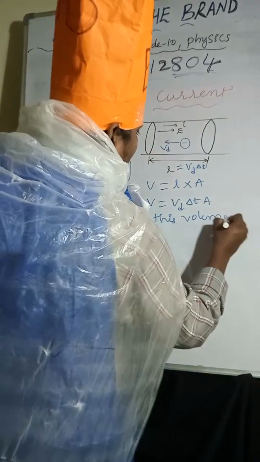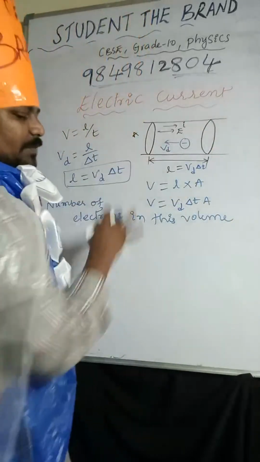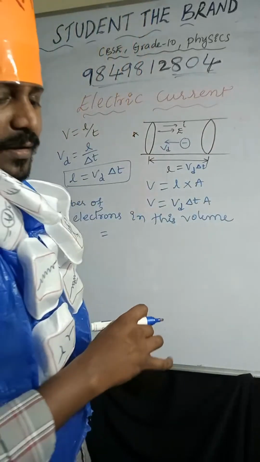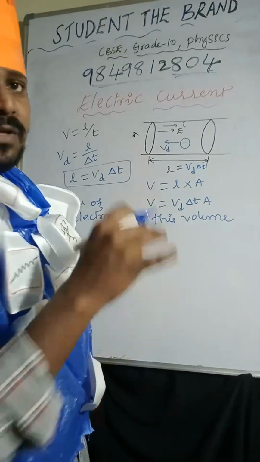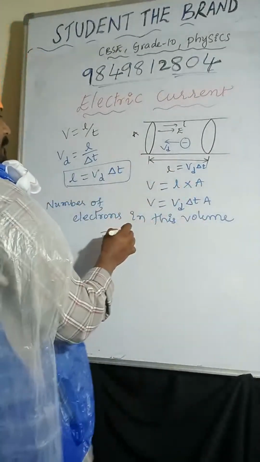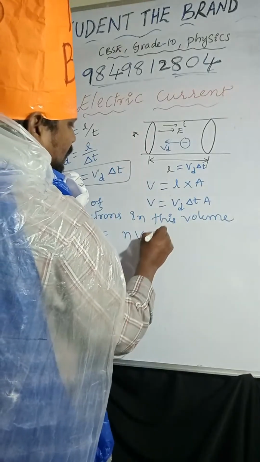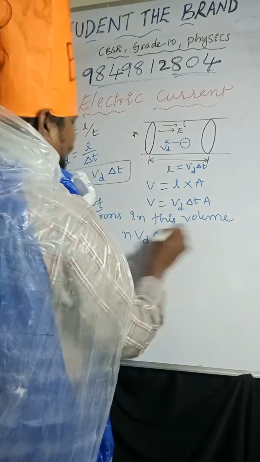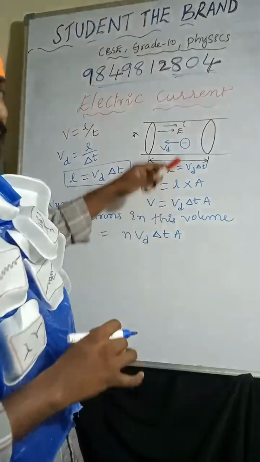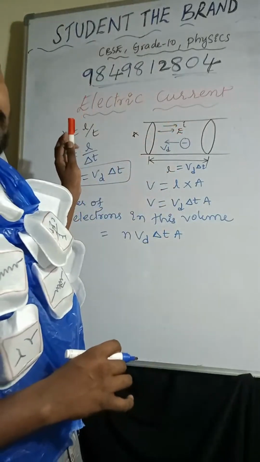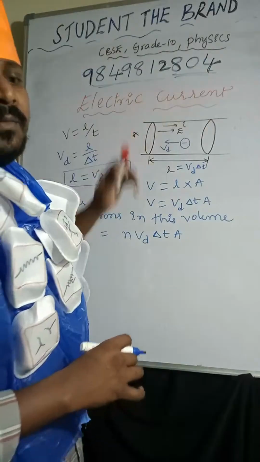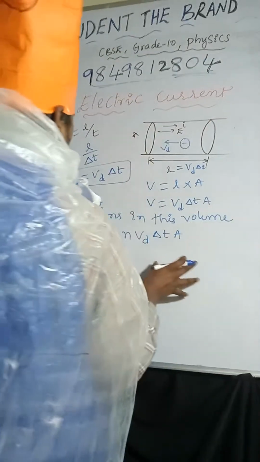If you are taking this volume, how many electrons are present? So now you can see here, that is N into Vd into delta T into A. That is the number of electrons present in the particular volume.